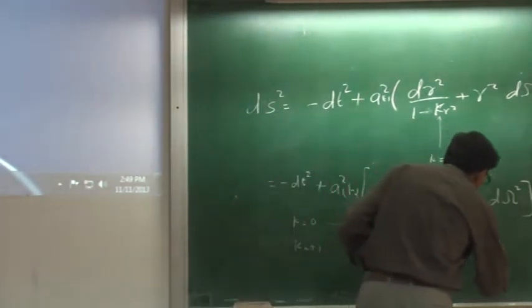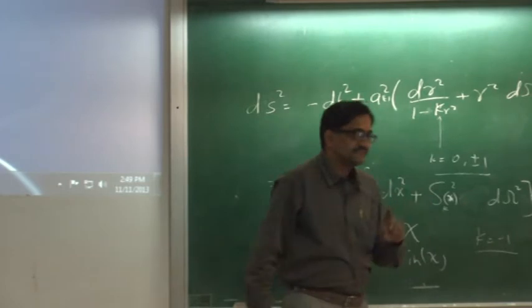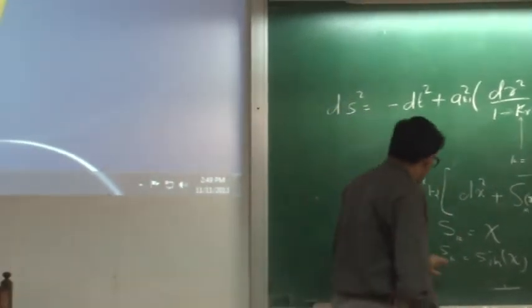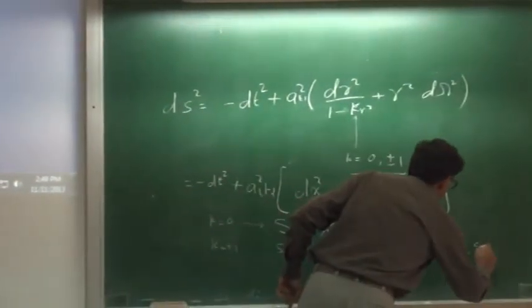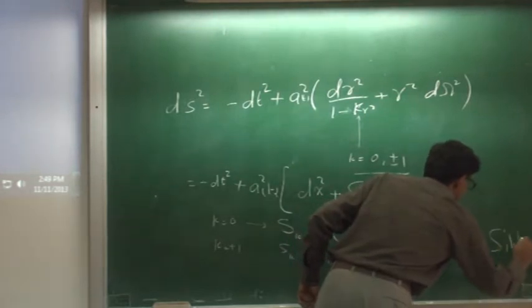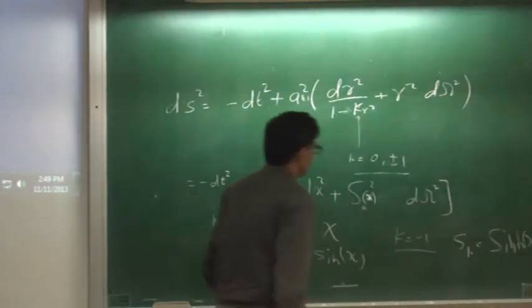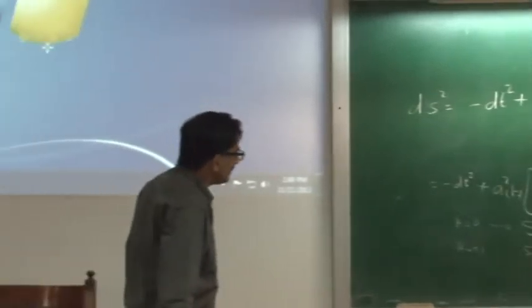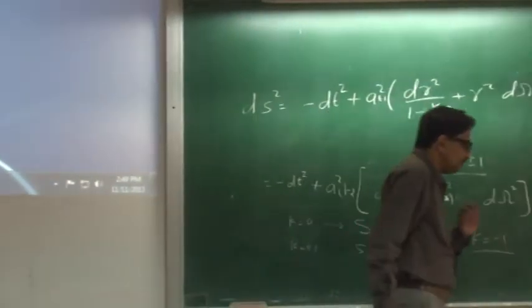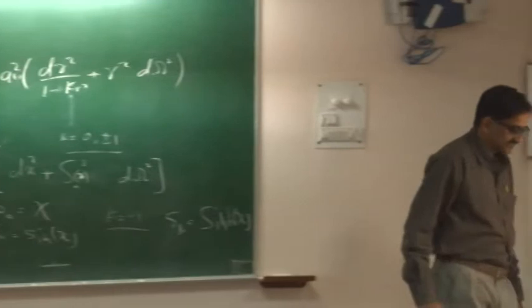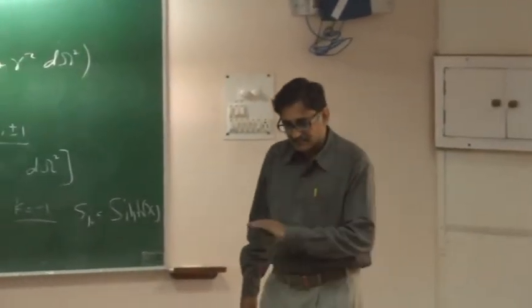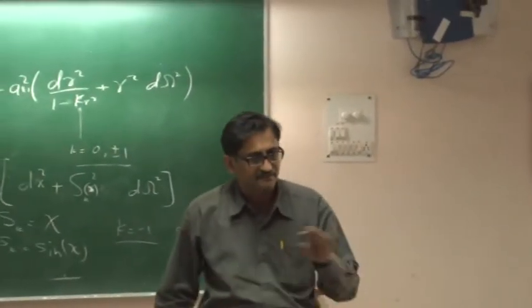The case of k equal to minus 1 is different. In the case of k equal to minus 1, sk equal to sinh chi. Now, this refers to a constant time hypersurface which has uniform negative curvature everywhere.